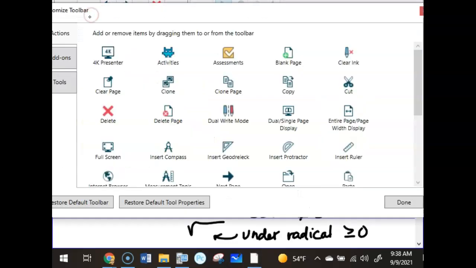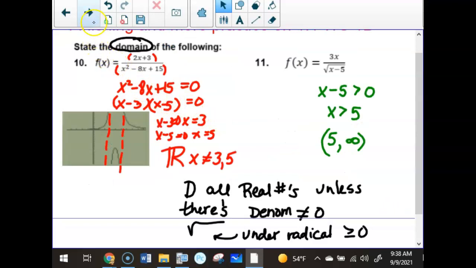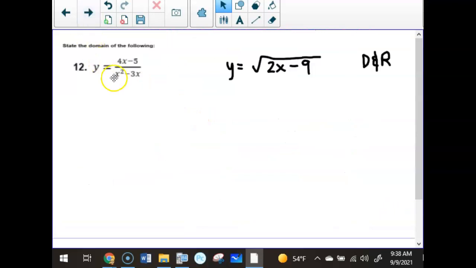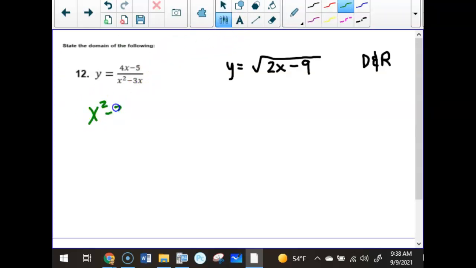I did have one more example, I think, here. Do you have this number 12? Okay, this has a denominator, so what would we say? The denominator can't equal 0. So real quick, if we factor out an x, what are the two values that would make that 0?